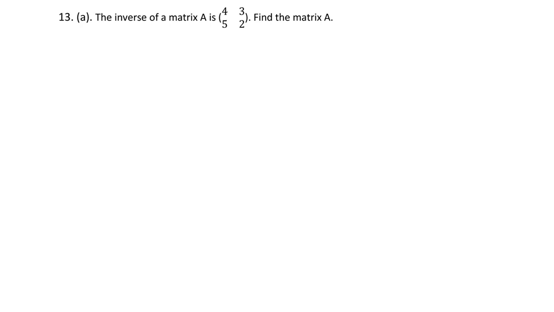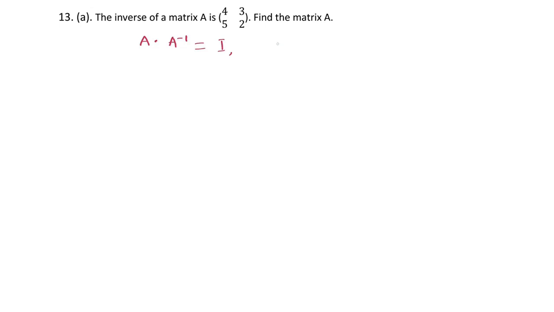Okay, so we have to recall that a matrix times its inverse gives us an identity matrix, which means matrix A times matrix A inverse equals the identity matrix.